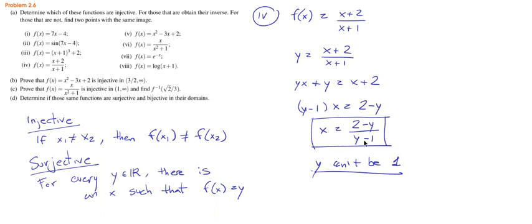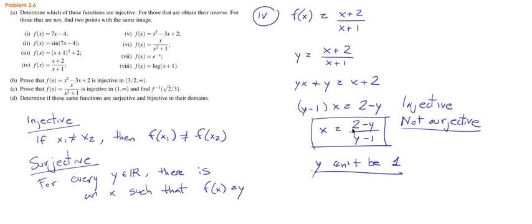There's no way that you can find more values of x for a given y. So this function is injective. There's only one value of x for every y, but it's not surjective. Why? Because the function can't map to 1.